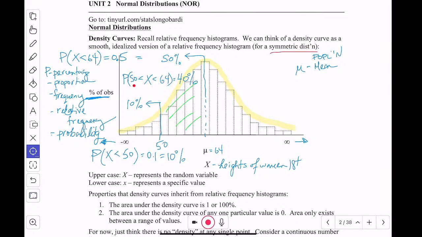Okay, so we know how to write the area to the left of a value. We know how to write between. And what if we want to go here? What if I write here, if this is 5%? And I'll call this number 85.